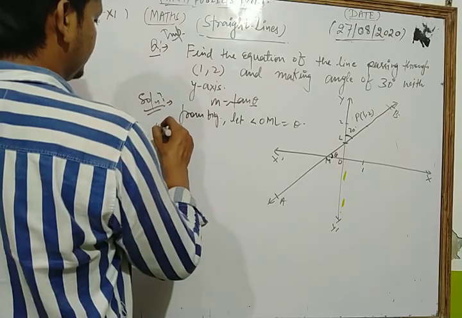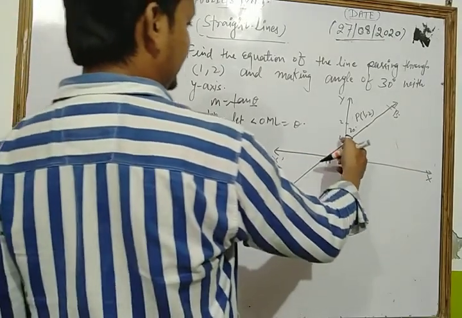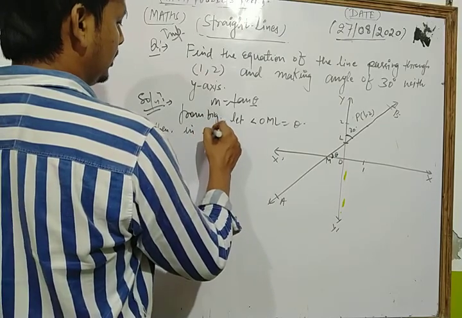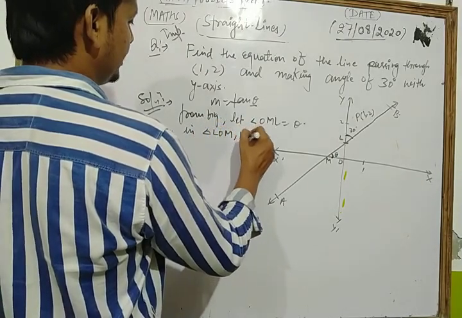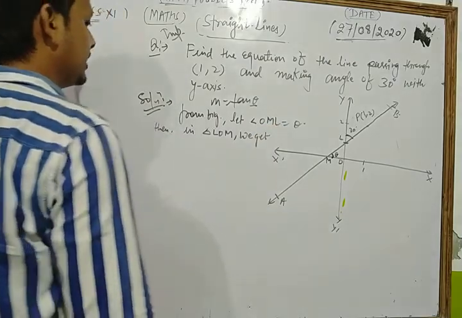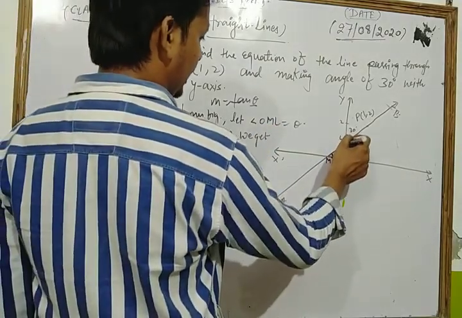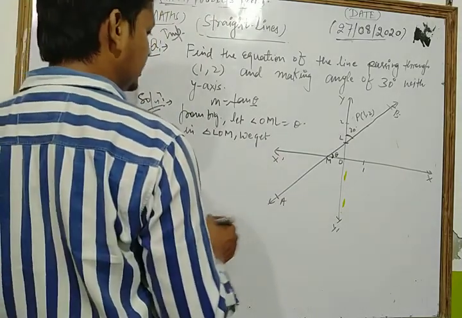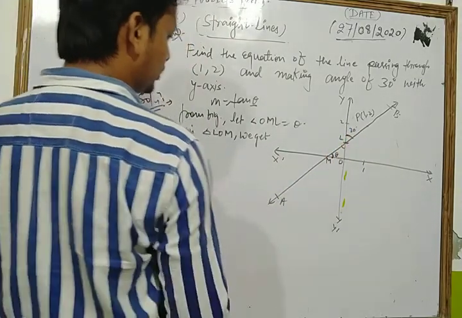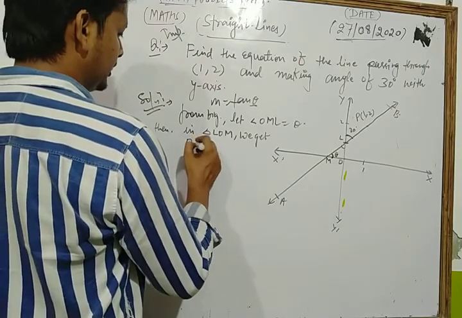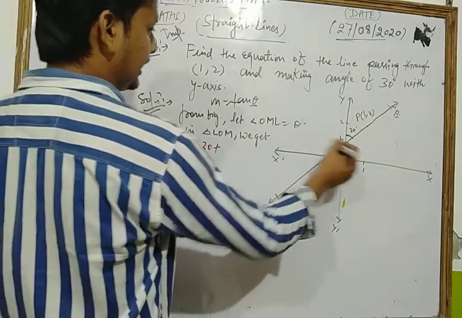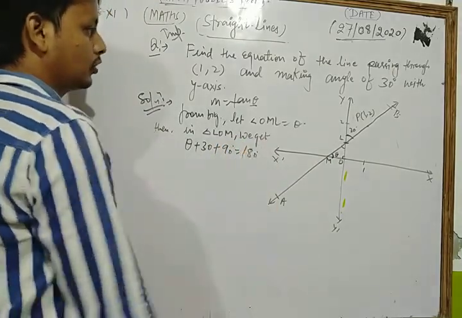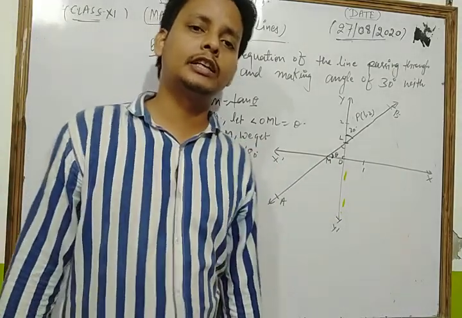Then apply the angle sum property in triangle LOM. In triangle LOM we have theta plus 30 plus 90 is equal to 180, because you know that the sum of all angles of a triangle is 180.